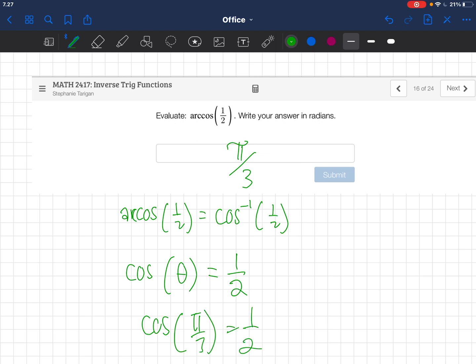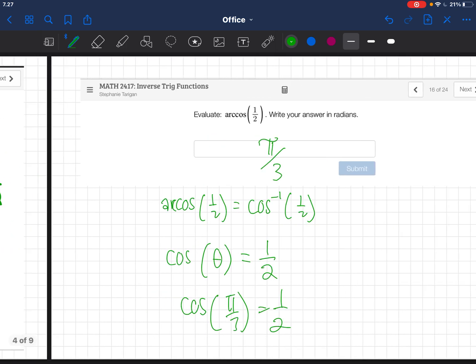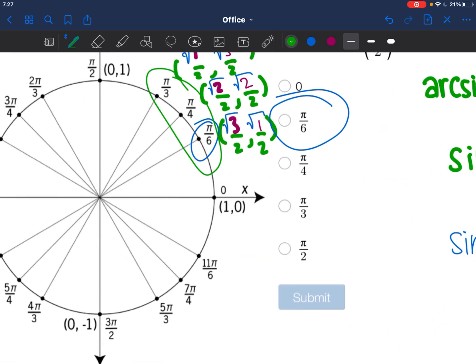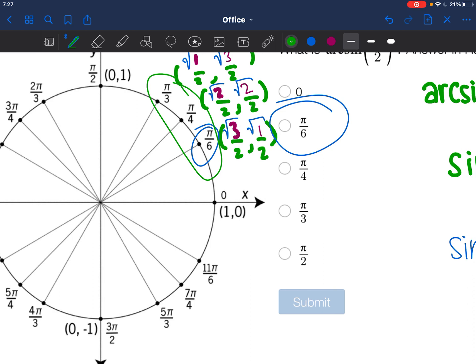Okay? Alright. And technically, remember our discussion in class, it's also 5 pi over 3 because they both share the x-coordinate 1/2.